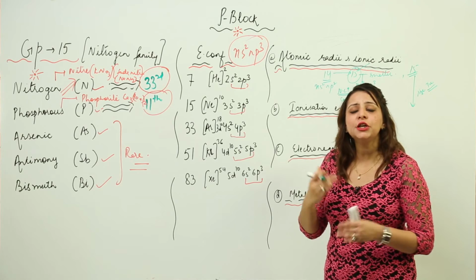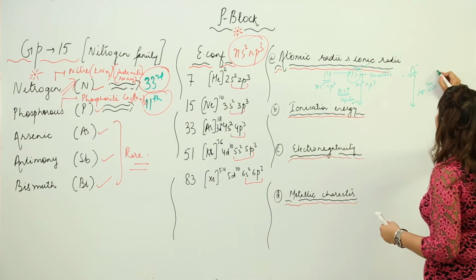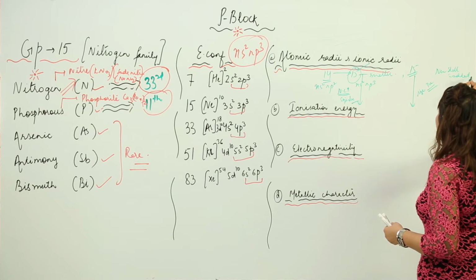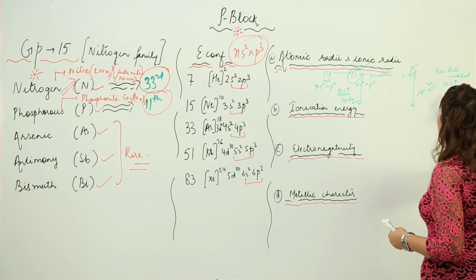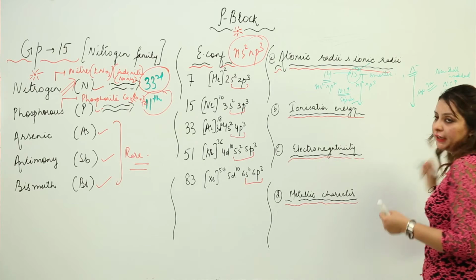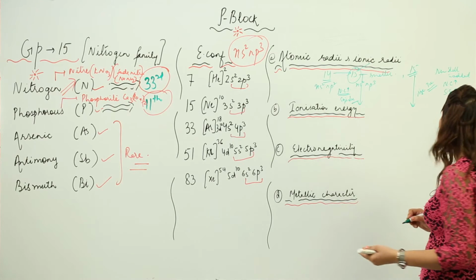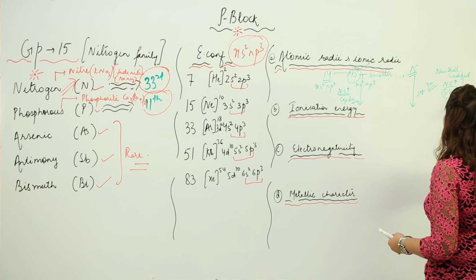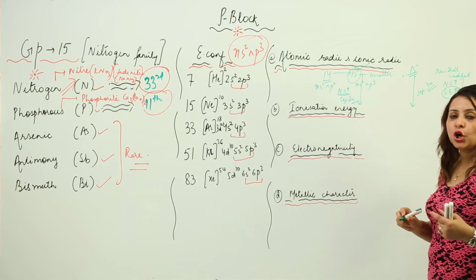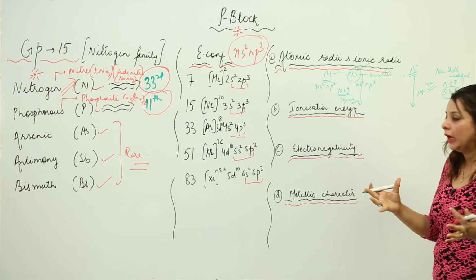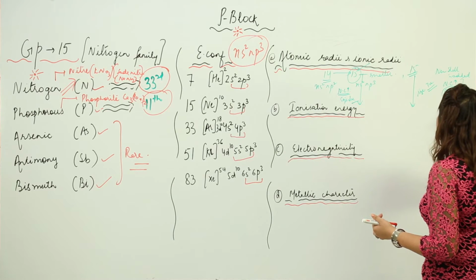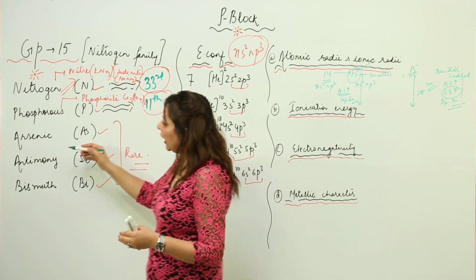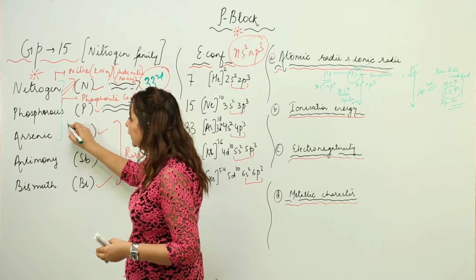So as you move down, every time a new shell is added, due to which the nuclear charge also increases, and the shielding effect also increases, because filling of inner shell electrons takes place. But if we compare these two, the shielding effect is so pronounced that it causes the expansion of the electron cloud, so the size increases. So in general, when we move from nitrogen to phosphorus to arsenic, we see a gradual increase in size.